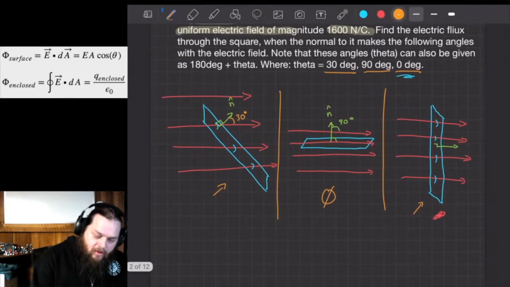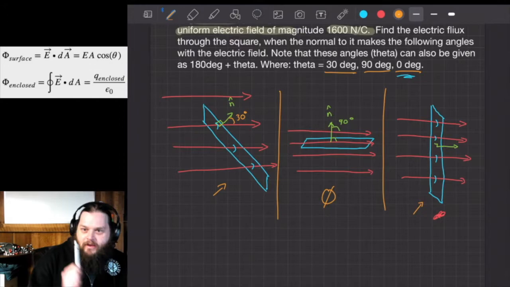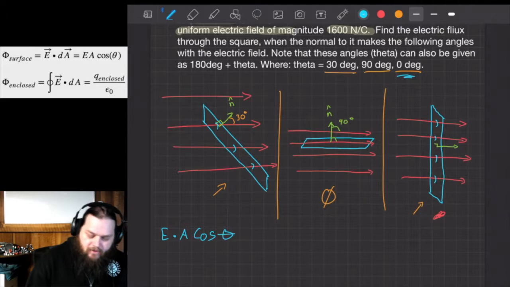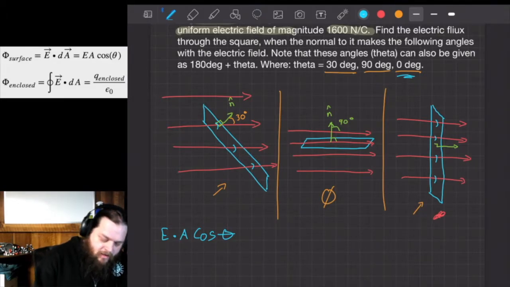So now we can do our calculations for that. The first equation is the one I like to use for this: the electric field times the area times cosine theta. This is for 30 degrees.